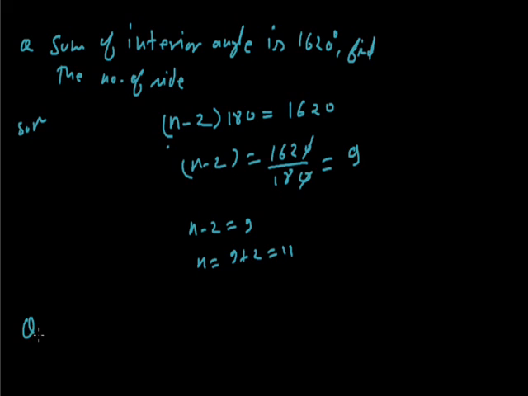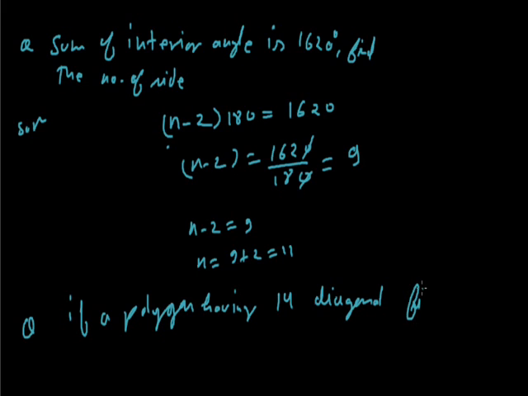Okay, we move to the next question: if a polygon has 14 diagonals, find the number of sides.